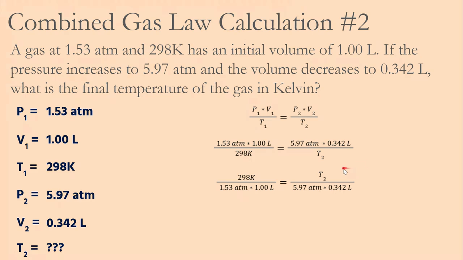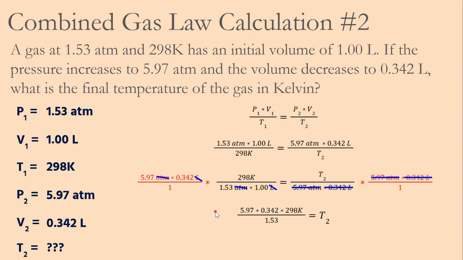Notice both of my fractions, I flipped them. I'll then multiply by my reciprocal fraction so that 5.97 atmospheres cancels and 0.342 liters cancels. That'll get us just T2, or final temperature, on the right. We'll do on the left exactly what we did on the right side, canceling out our units of atmospheres and our units of liters. We'll then rewrite our math on the left side.